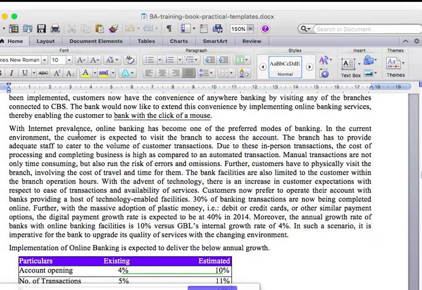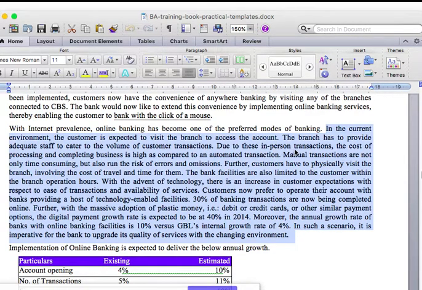Now here is a little bit of background about why we want to provide it. With the internet prevalent, online banking has become one of the preferred modes of banking. I'm reading here: in the current environment, the customer is expected to visit the branch to access the account. The branch has to provide adequate staff to cater to the volume of customer transactions.